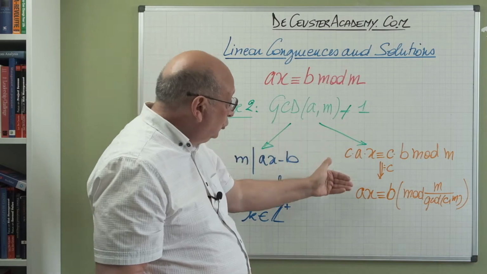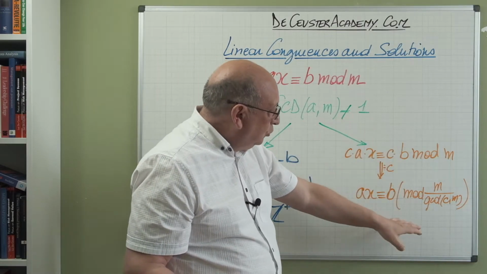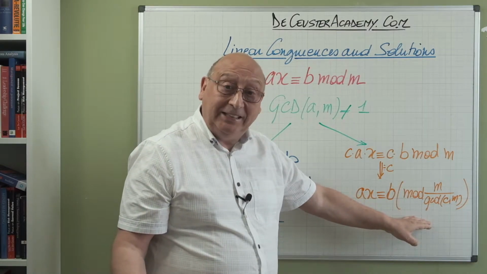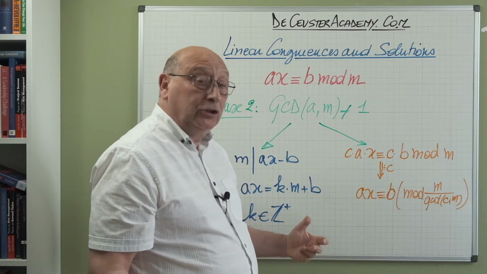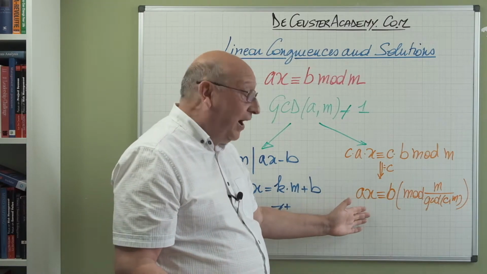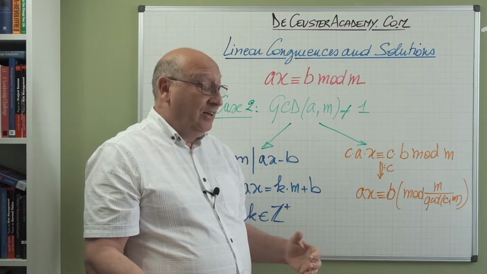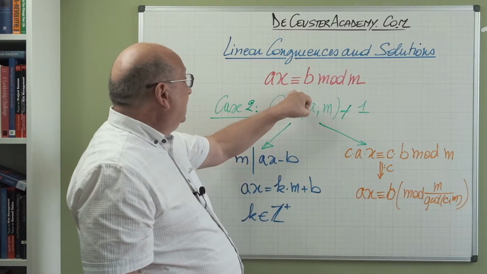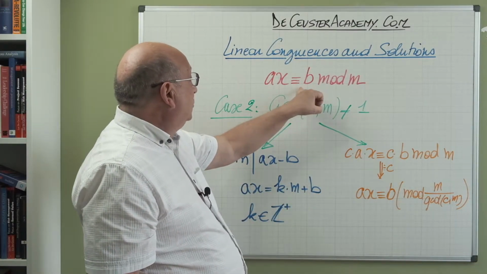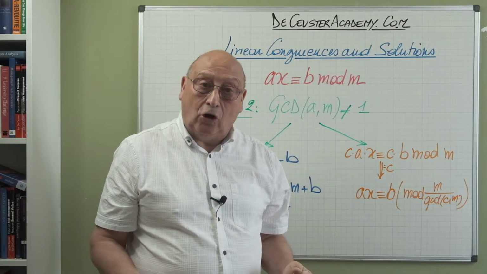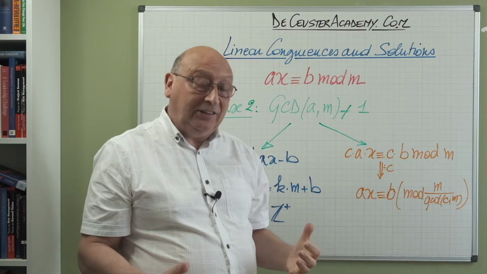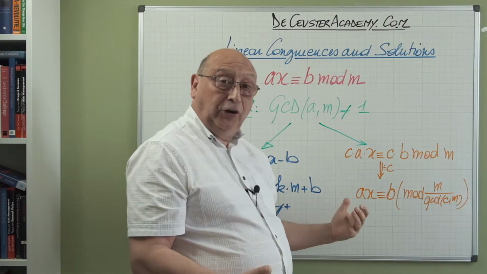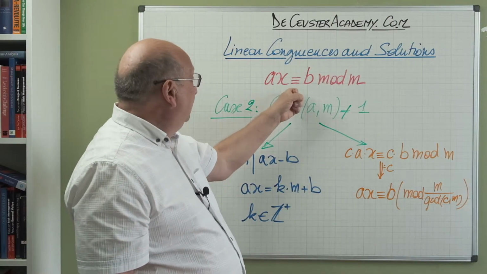So we've reduced the problem, we brought it to a different modular space, but in this modular space the equation that we find has a solution which is the same as for the general congruence. So basically what we find here is the first solution of this congruence.